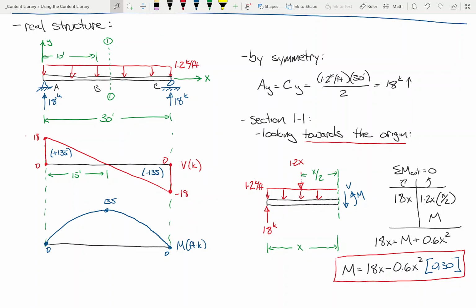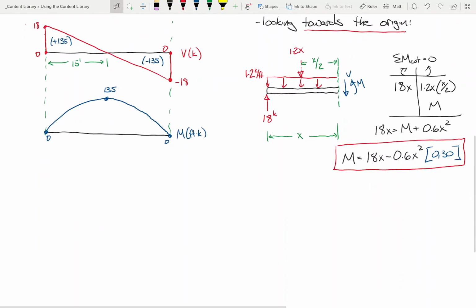So 18 is just what you're multiplying with. x is whatever. Because here's the thing: as we move the section cut away, that moment will increase, but the moment from the load will also counteract it. So, good question. Sound good?